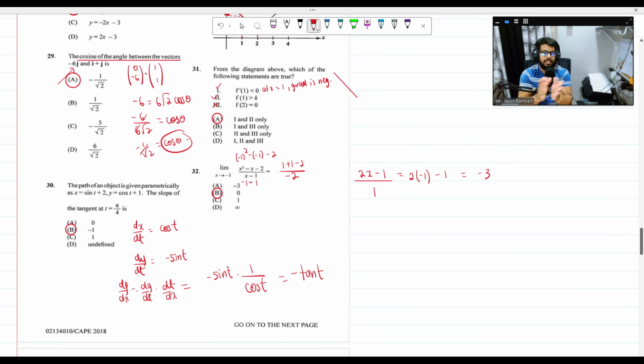I commend CAPE for doing this, because they're thinking ahead of the students. Students are going to use L'Hopital for this without even substituting the limit inside and get minus 3 as the answer, which is going to be wrong. My initial substitution did not give me something that's indeterminate, so I cannot use L'Hopital's rule for number 32.